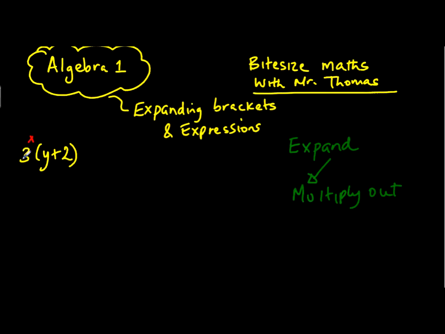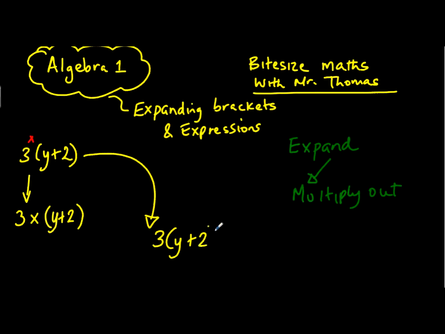So we're multiplying the 3 by everything in the bracket. This is the same as saying 3 times (y + 2). Okay? So let's just take this as 3(y + 2).